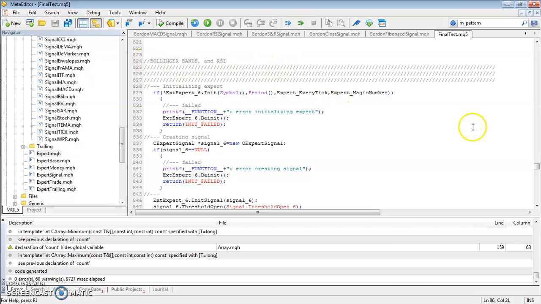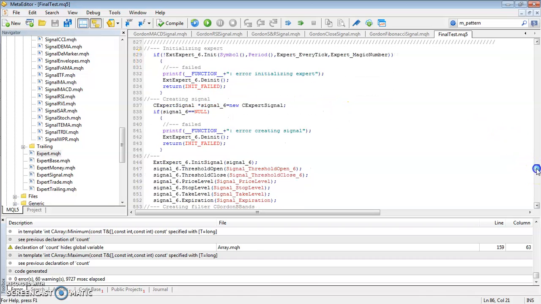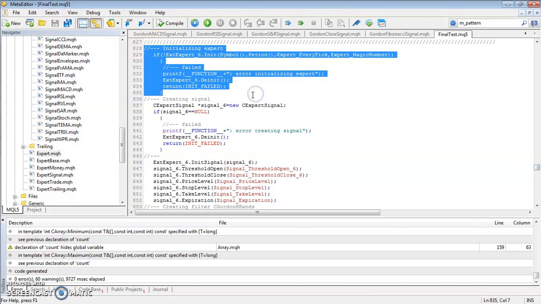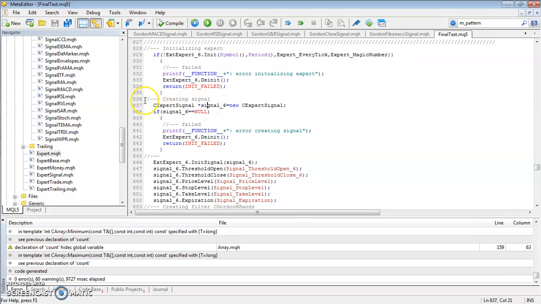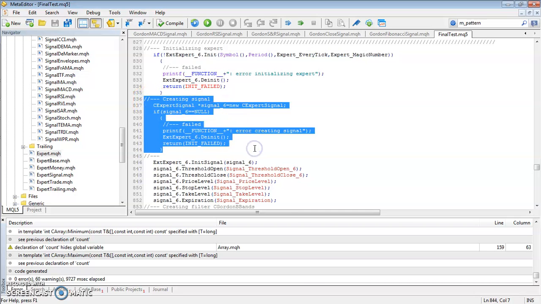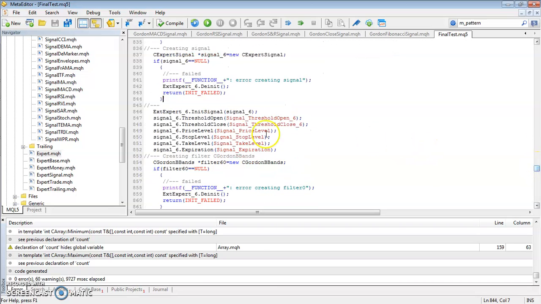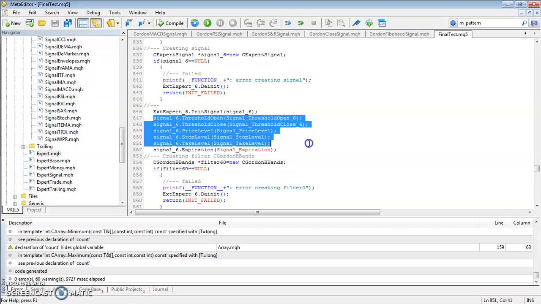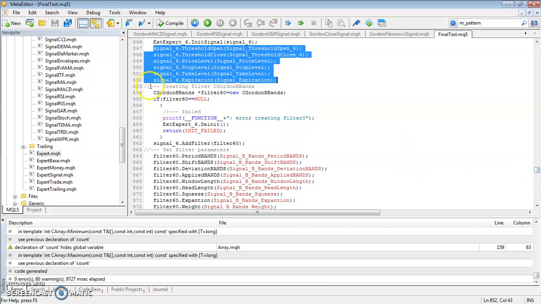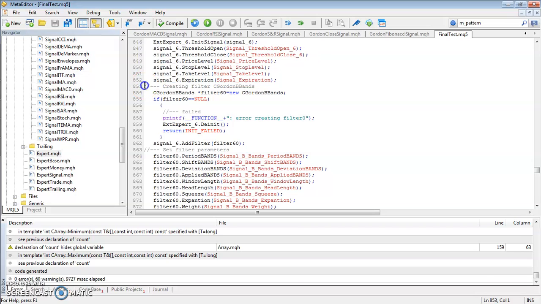So we've initialized the expert from here, initialized the expert here, created that respective signal. Here we've initialized the signal, we set up the threshold for it, price level, stop level, take level, expiration, and the filters. So the filters for the trading modules that we'll be calling.